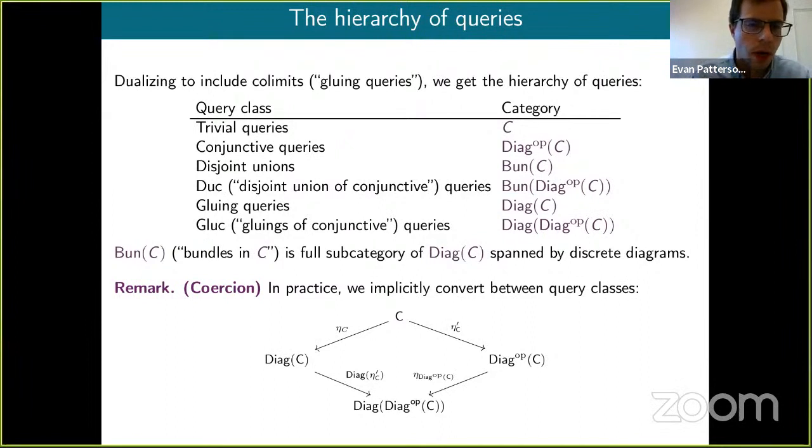So from one point of view, we can think that C itself just represents the trivial queries, and then we've seen that the conjunctive queries, or I've guessed that the conjunctive queries, correspond to diagram op of C. If we just want disjoint unions or coproducts, we can take the full category of diag C that's spanned by the discrete diagrams, and then combining those two things gives a nice class of queries called disjoint unions of conjunctive queries, or David likes to call these duck queries.